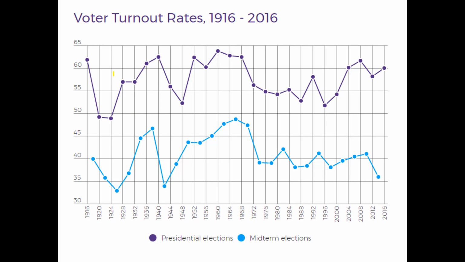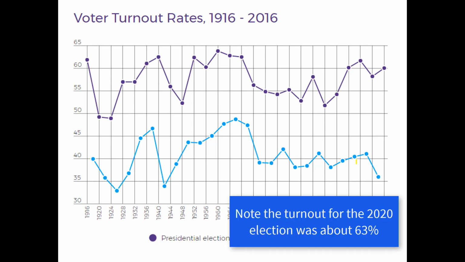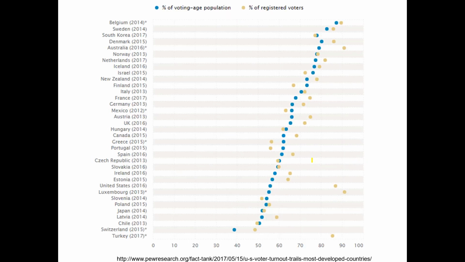Here are the voter turnout rates. Generally, we see it hovers around 55% for the presidential elections, and then around 40% or so, a little bit lower than that, for the midterm elections. Comparing with other countries, we see over here the progressively increasing voter turnout among countries.